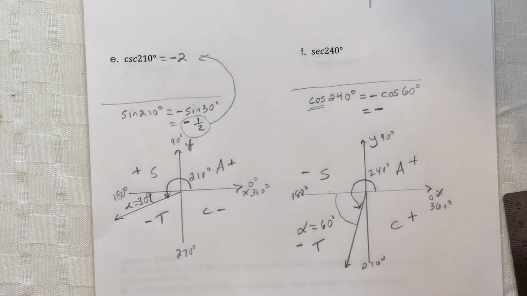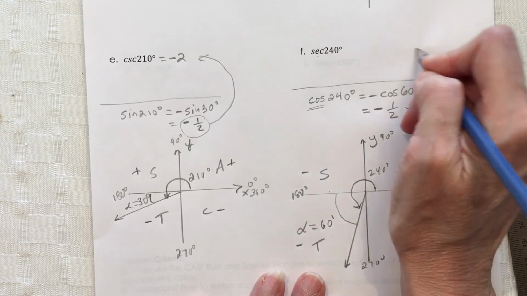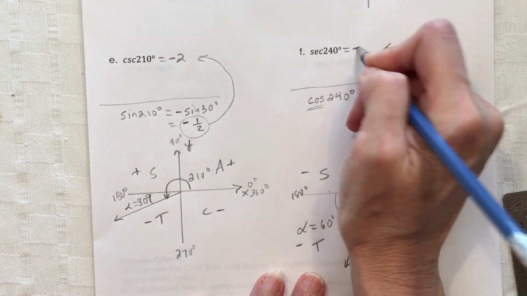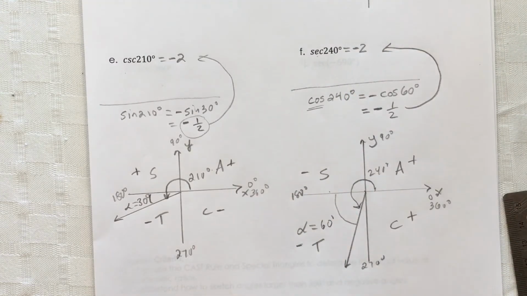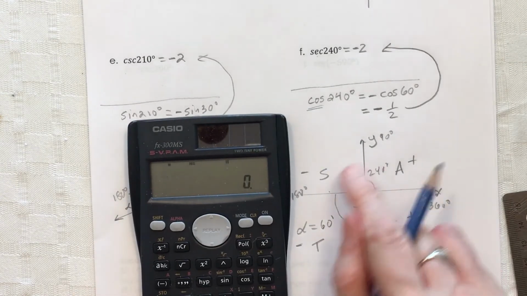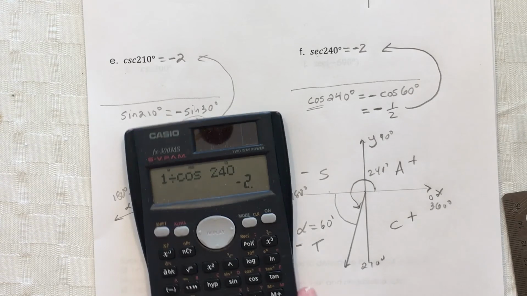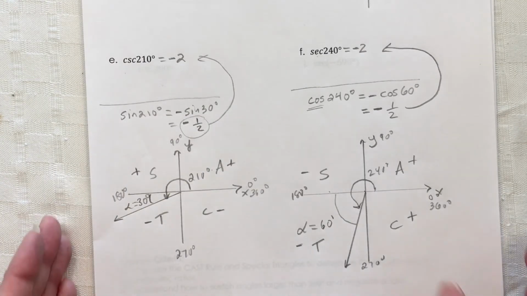Cos of 60 is 1/2, negative 1/2. And then we need to flip that to get the sec. So the sec of 240 should be -2. Again, if we tried that on our calculator, we don't have a sec button, so we would have to do 1 divided by the cosine of 240, which is -2. So that's our strategy.